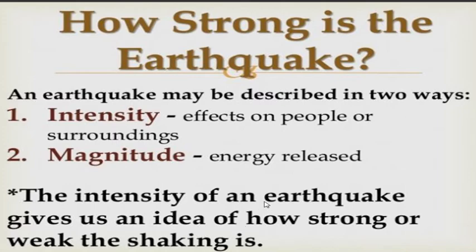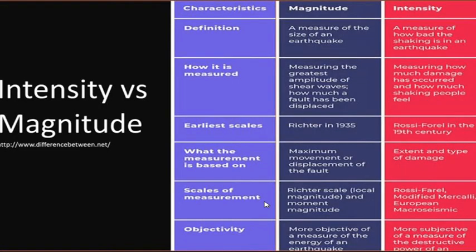Okay, so let's proceed. What is the difference between intensity and magnitude? Right, so we have the characteristics, the first column. The second column, we have the magnitude. In the third column, we have the intensity. Okay, let's talk about the definition.